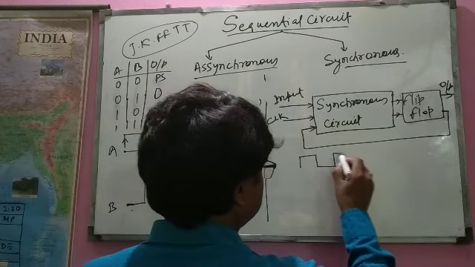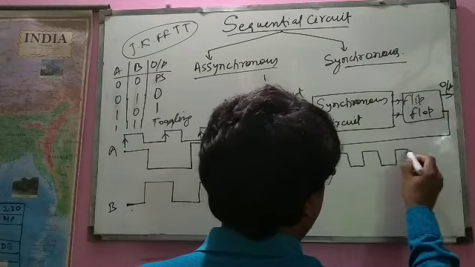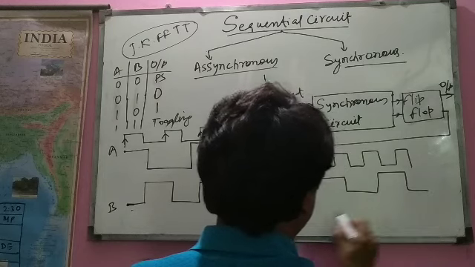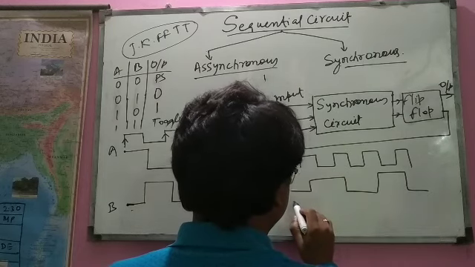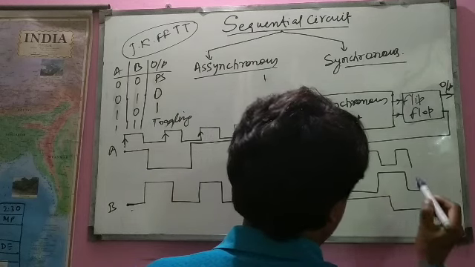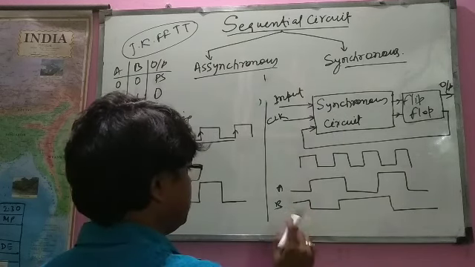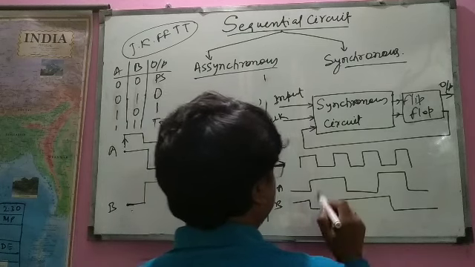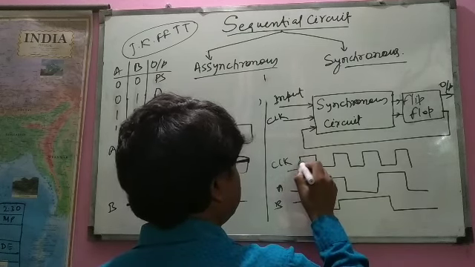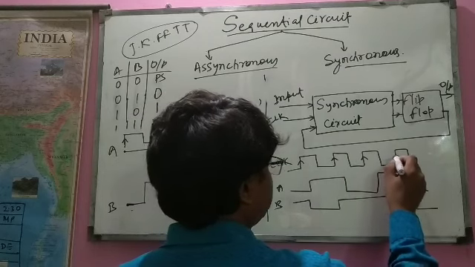Here two inputs are there, this is A, this is B, and this will be the output, and here it is a clock. Let us suppose this is a positive edge trigger.